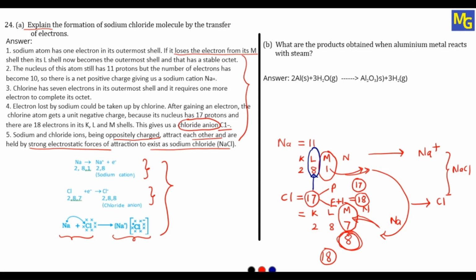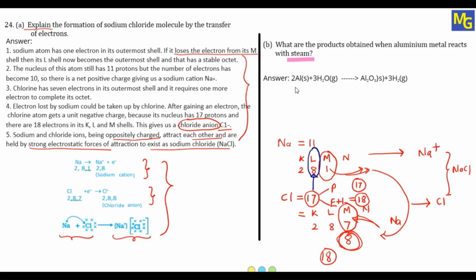Now we'll move on to the B question. The question is, what are the products obtained when aluminium metal reacts with steam? As we know, metals react with oxygen and metals react with water, but there are some metals which will not react with water in liquid state. They react with water in a gaseous state, which is nothing but steam.